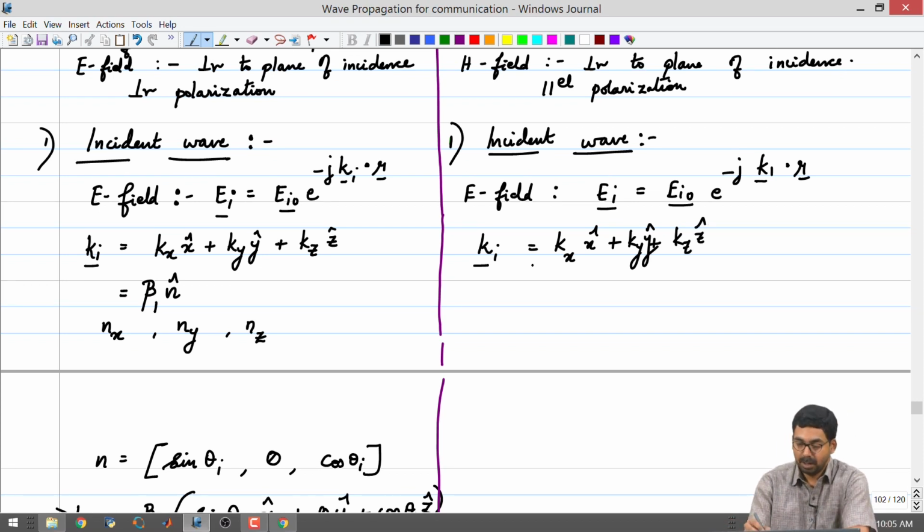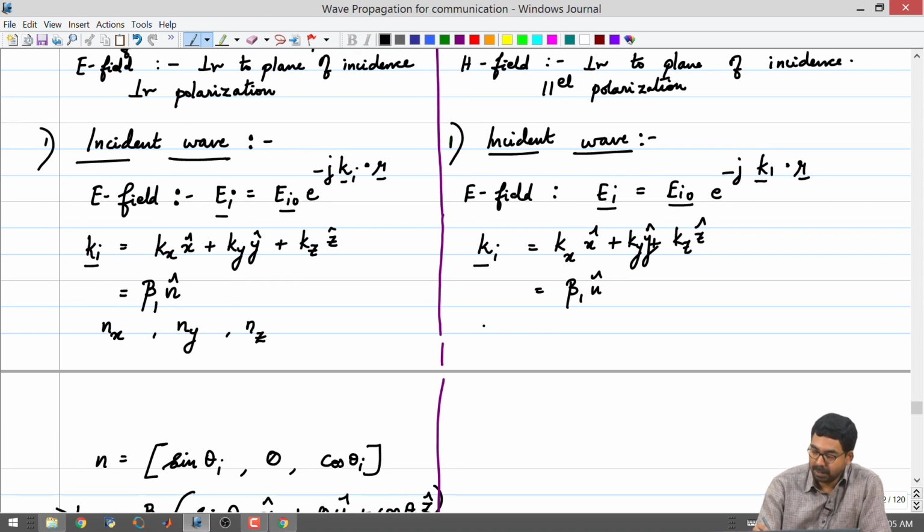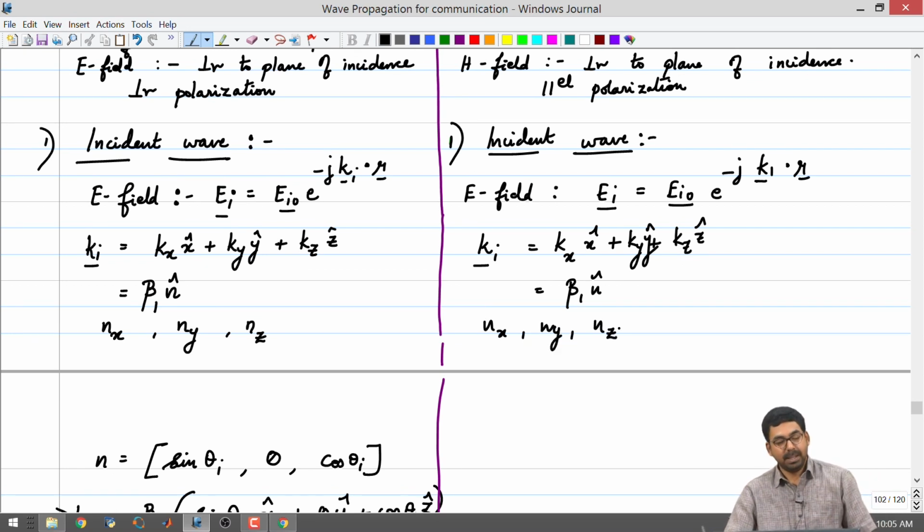Or we can write this as beta 1 times n hat, which is identical to the left hand side case, and n hat will have components x, y and z, which can be marked as nx, ny and nz. These are identical to the left hand side.